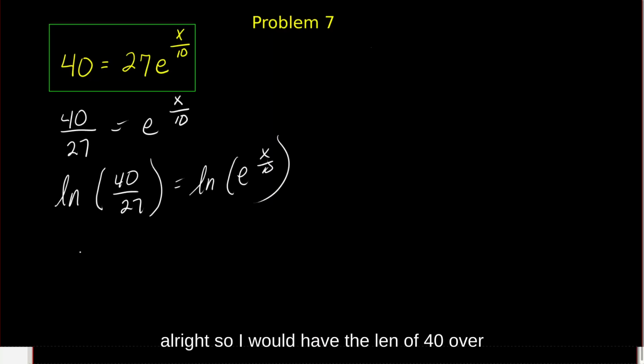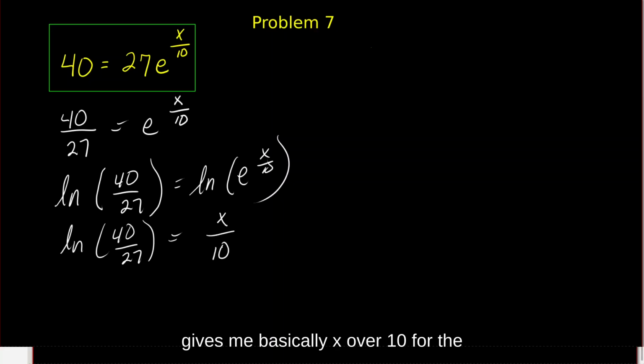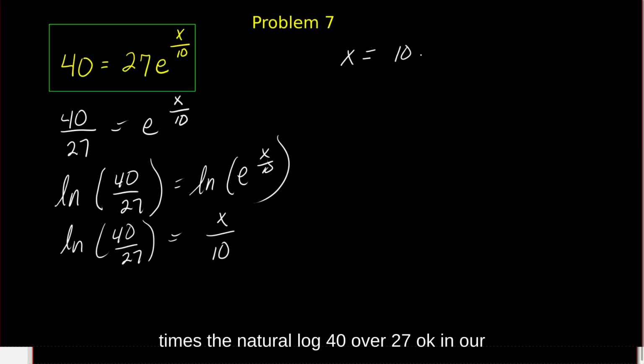The ln of e cancels out, so it gives me basically x over 10, for the inverse properties of one another. Okay, let's isolate my x. So x is going to equal 10 times the natural log of 40 over 27.